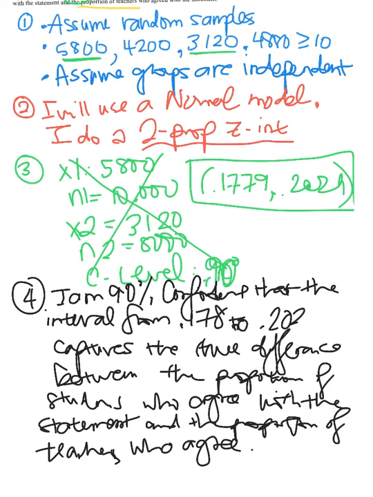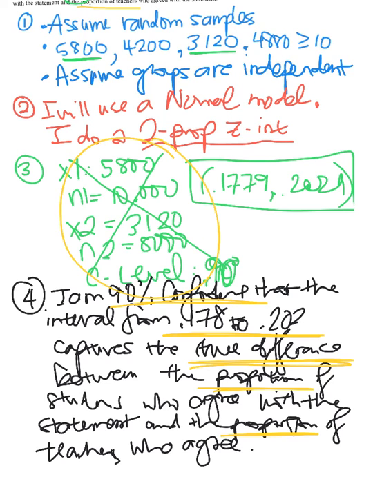All right, so basically the key things you want to have are that you're 90% confident that the interval from blank to blank captures the true difference between the proportion of your first group and the proportion of your second group. Now make sure the order is consistent. So when we did our calculations, x1 and n1 represented students.